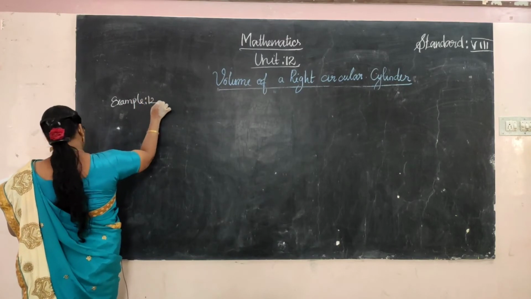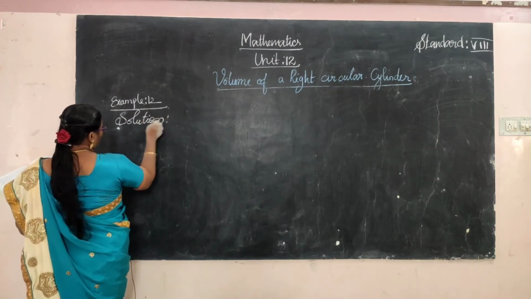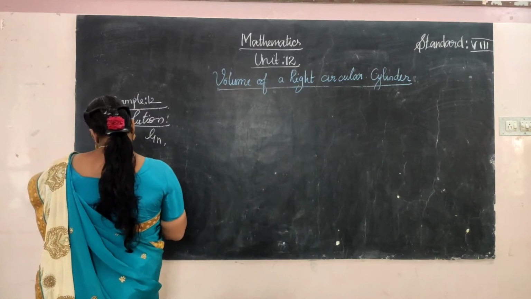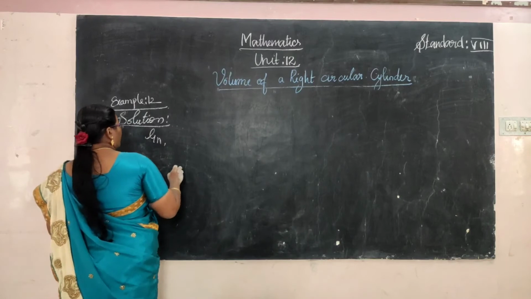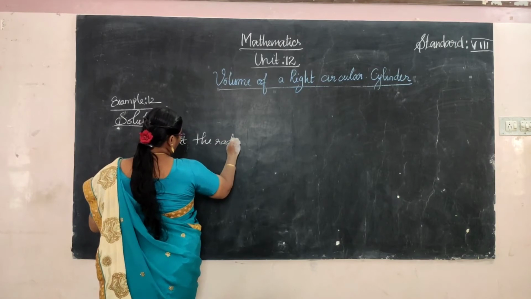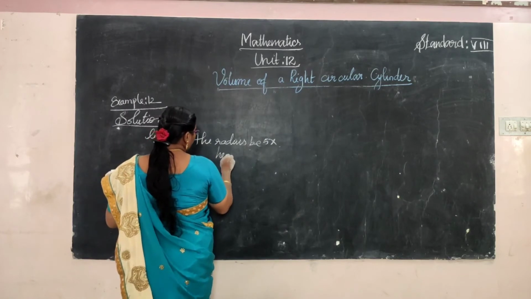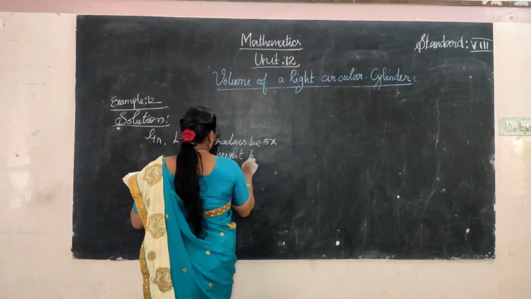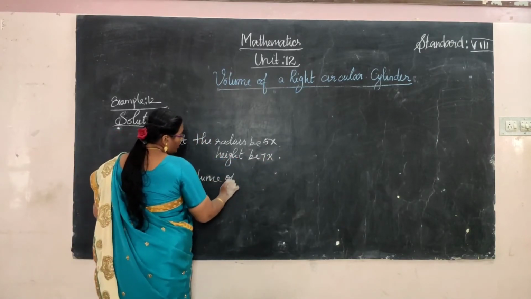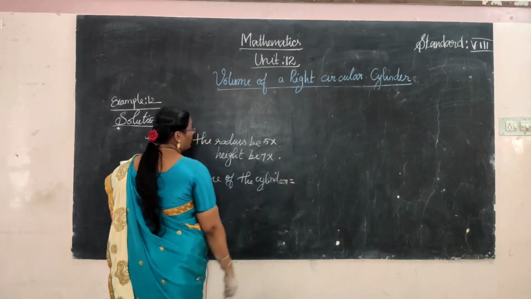Example 12. So the radius and height are considered in the ratio 5:7. So let the radius be 5x and height be 7x. So the volume of the cylinder is equal to, what is the formula?